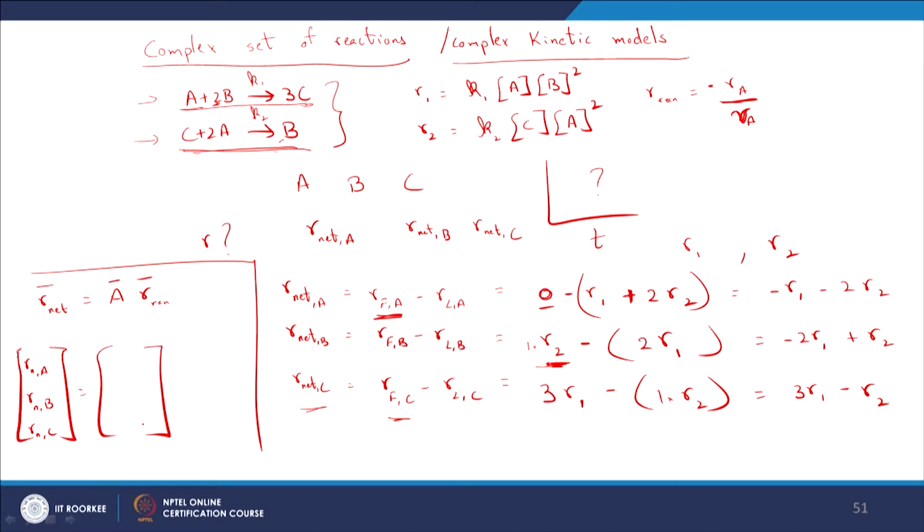You are going to have the relevant coefficients here: minus 1 and minus 2, and here minus 2 and plus 1, and here we have 3 and minus 1, right? And here we are going to have your R1 and R2, right?